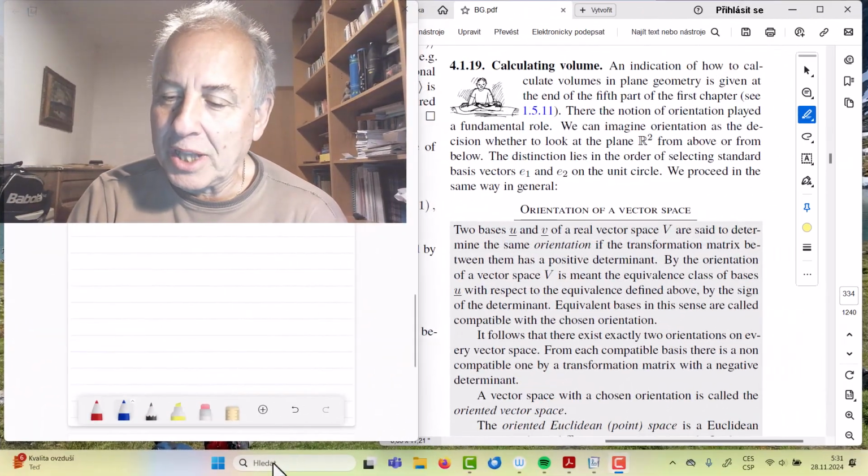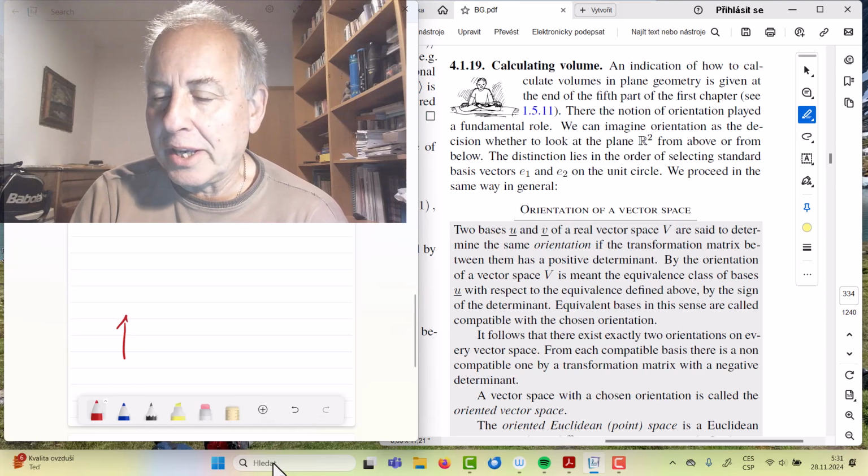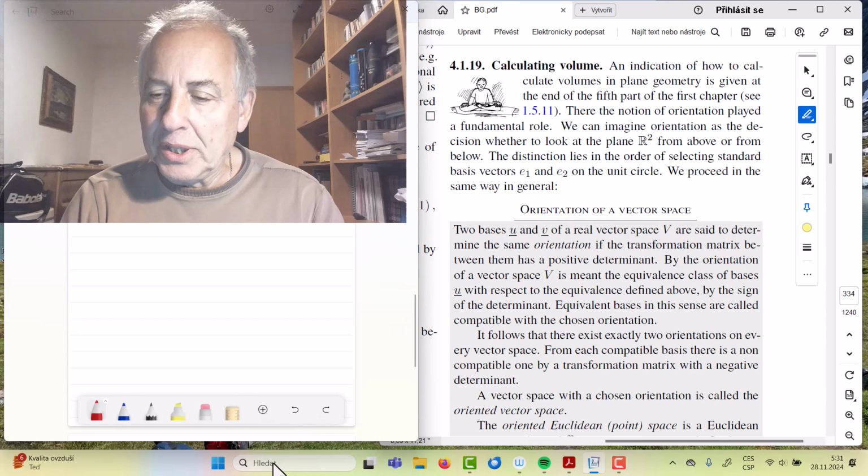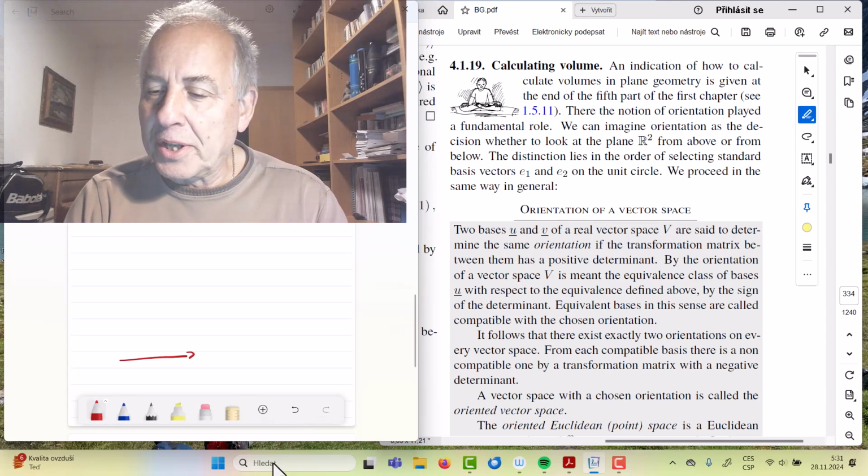Calculate the volumes. So just to define what the volume is and to be able to calculate it. Well, of course, we can't compute the volume of everything, but at least we shall be computing volumes of something like parallelepipeds, right? So I will better draw it in a skew way.